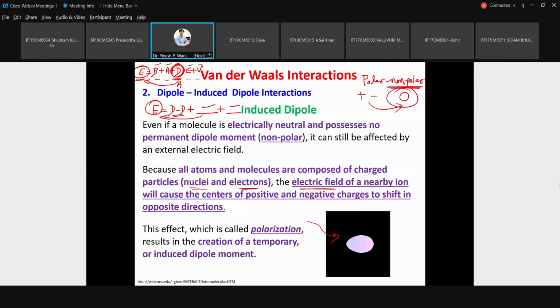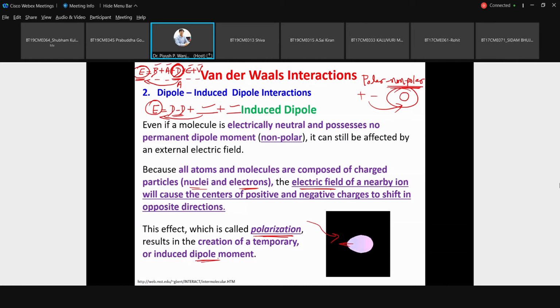Maybe the positive part of another molecule might pull the electrons to one side. You have to theorize a little and consider that one part is shifting to some side, but this is a temporary thing. This temporary effect we are going to call a kind of polarization, the creation of a temporary or induced dipole moment.